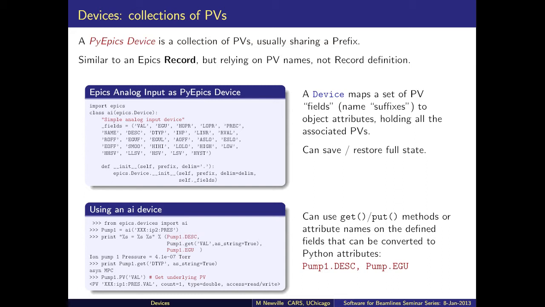So you can say, for example, if you make a pump out of an AI record, you can say .description or .egu and get those variable values. And if you want it as a string, you do get with as_string equals true to get the device type string. So that's just a way to coordinate and collect a set of devices.